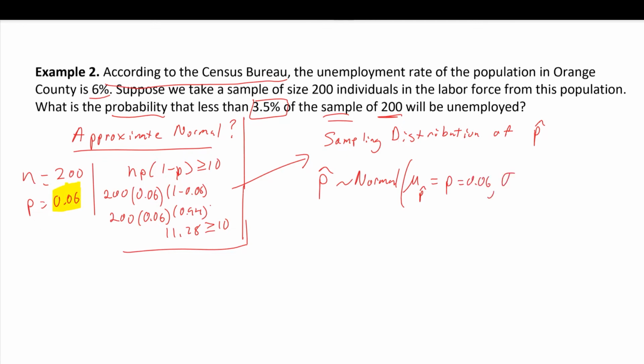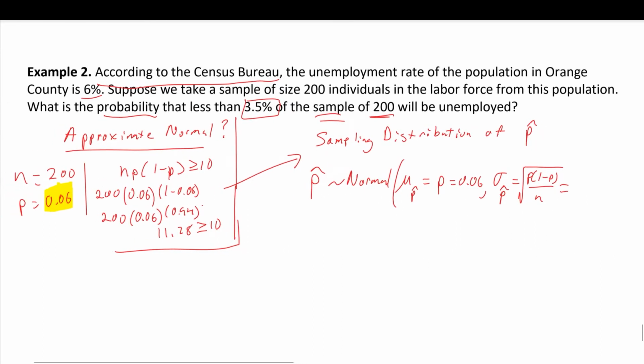And the standard deviation of p hat is equal to that formula we saw on the previous page, the square root of p times 1 minus p over n. And we do have all the pieces to this. We have p, which is 0.06, we know that 1 minus p is 0.94, and it's all divided by n, which in our case is 200.